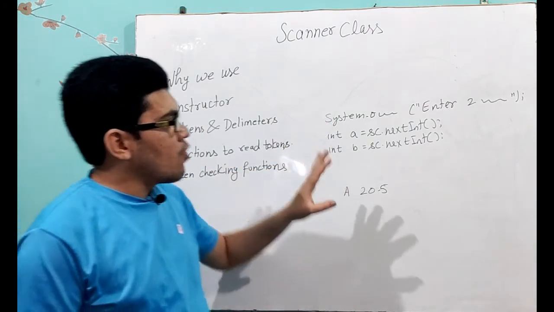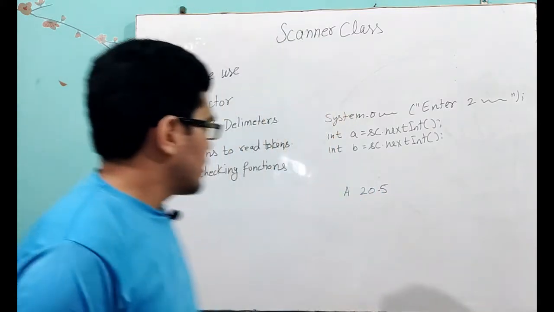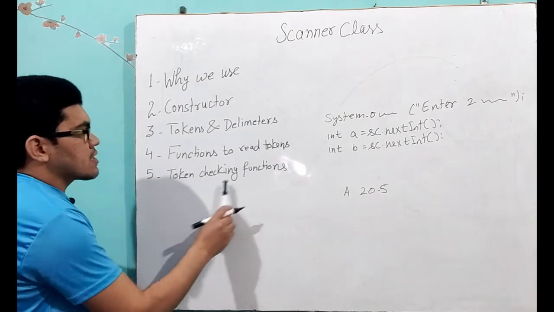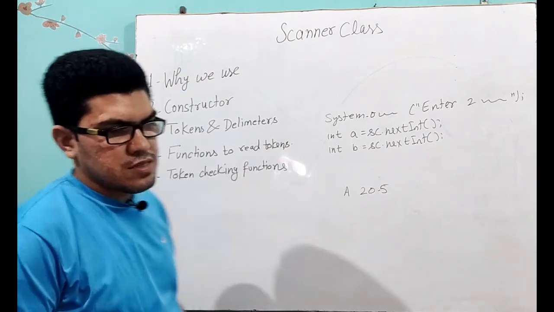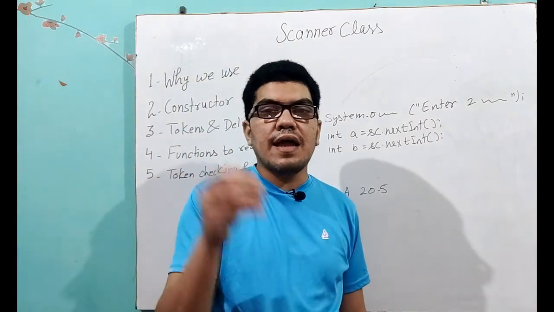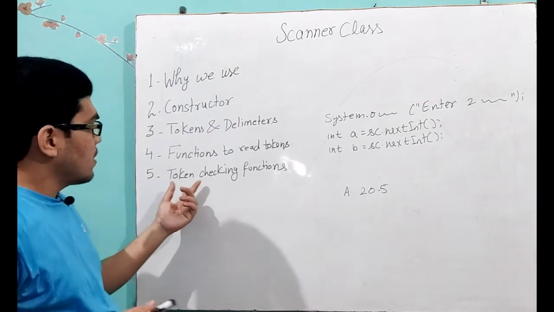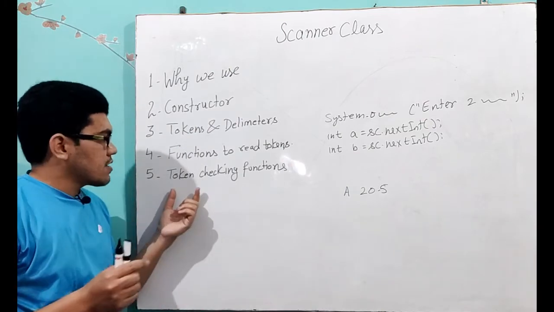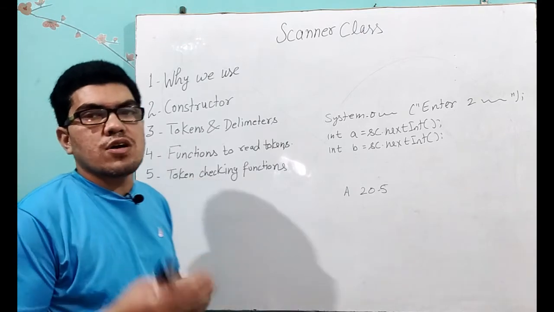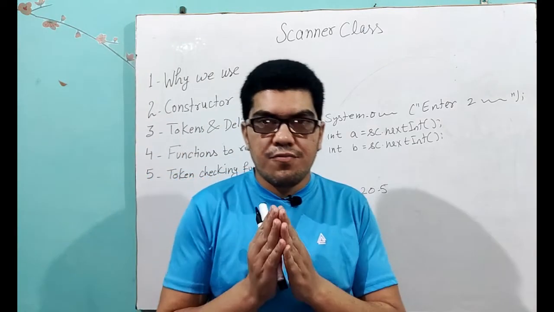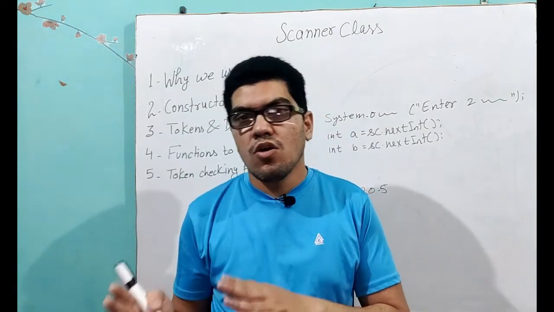So what we can do to avoid such kind of error is to use the token checking functions. Now, what are token checking functions? When a user enters any kind of token, we can first check whether it is the desired token or not.